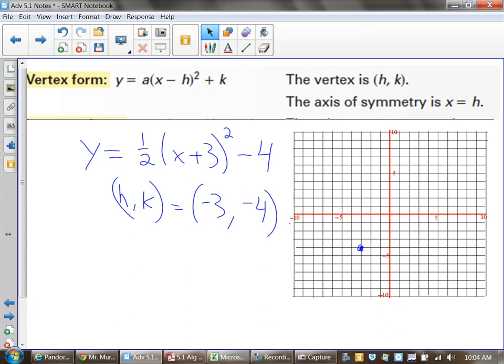I know that the axis of symmetry is also at that x value. Remember, your axis of symmetry is always the x coordinate for your vertex. I know it's going to be opening upward. And then it's just a matter of picking some easy points to work with. And I happen to pick something with a 1/2 in front of it.